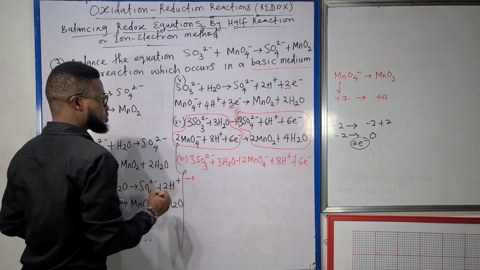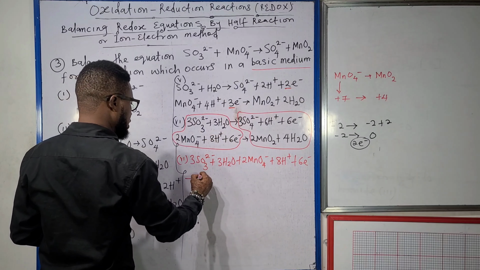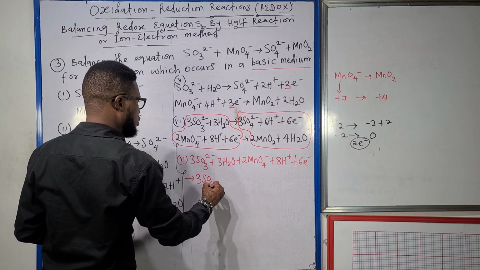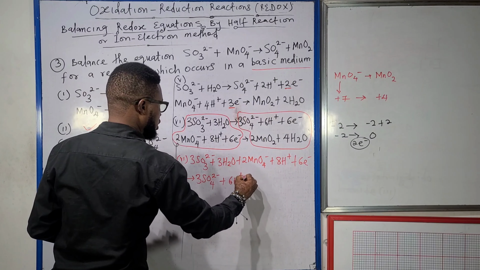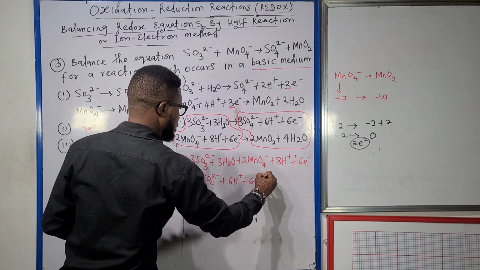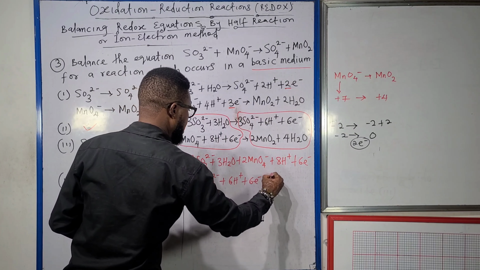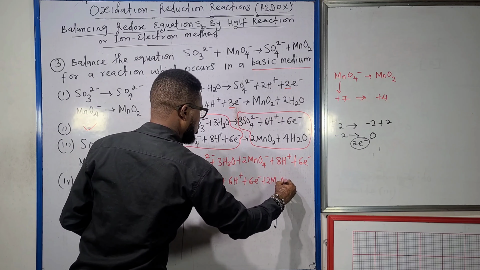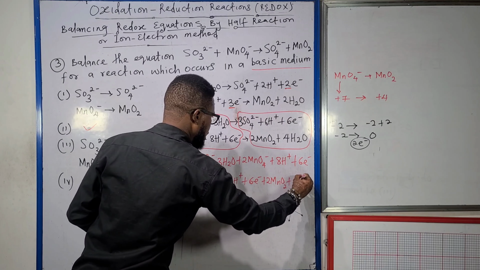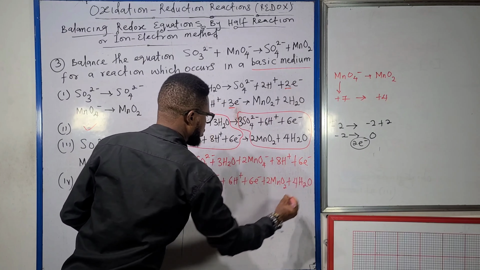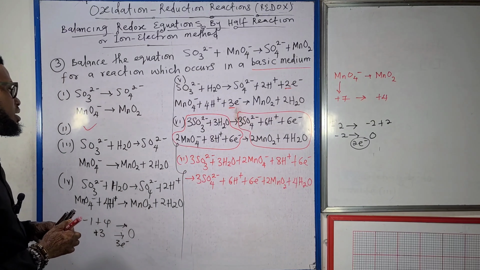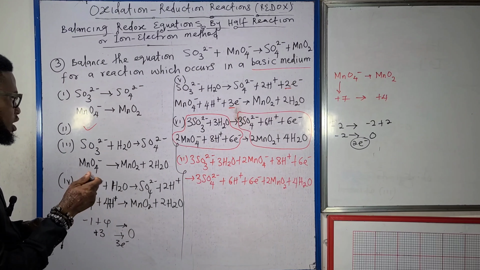Now the product here is going to be 3SO4 2 minus plus 6H plus 6 electron plus 2MnO2 plus 4H2O. So what is the same on both sides if we look at this?